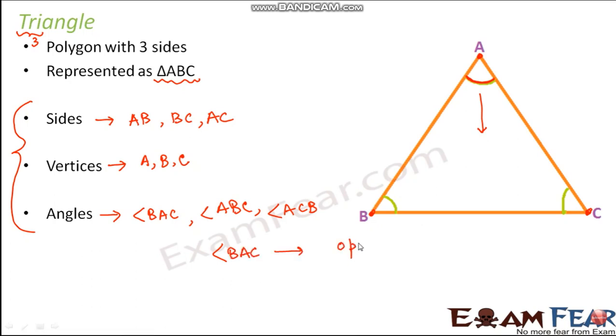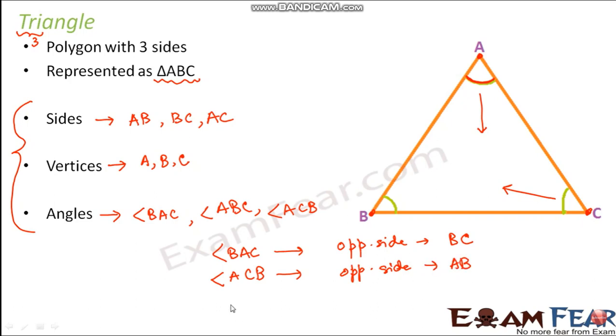So angle BAC is opposite to side BC, and angle ACB is opposite to side AB or BA.